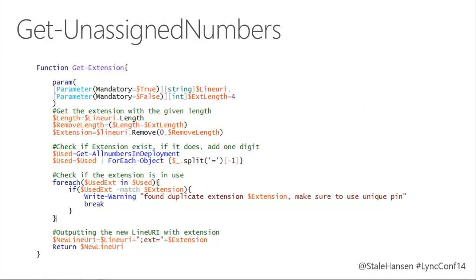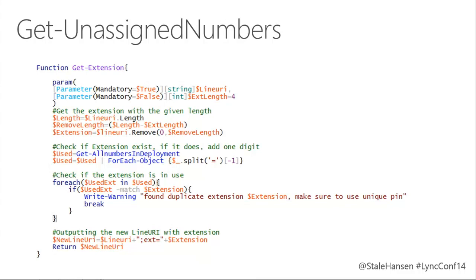So the get extension will take two parameters, the line URI you specify, and the extension length. Default is 4, but you can use 5 or 3 or whatever suits your needs. And of course, we get all the numbers in deployment. We remove everything before the extension, so we remove the entire base number.